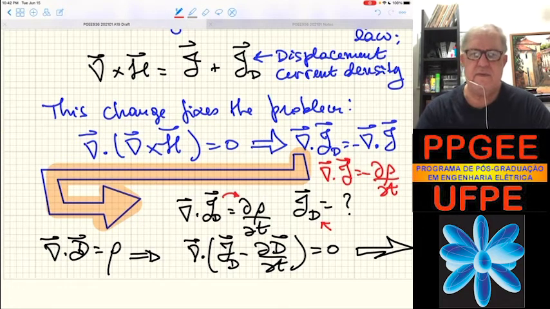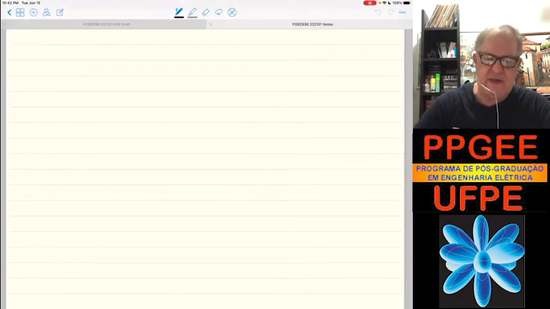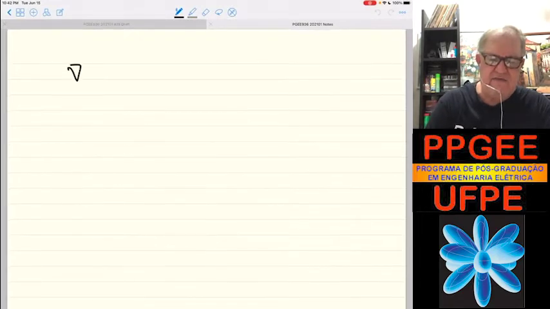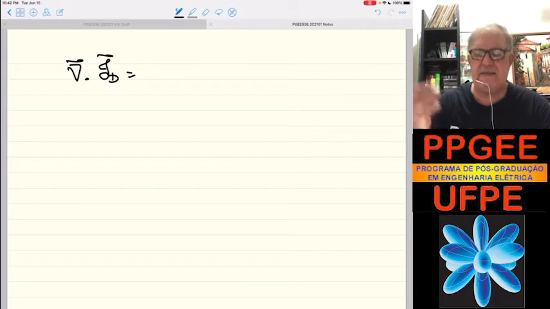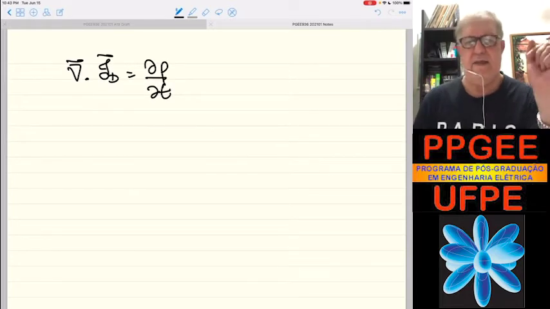So in other words, if we replace rho, we have this equation here, right? So the divergence of JD has to be chosen as plus d rho dt, right?